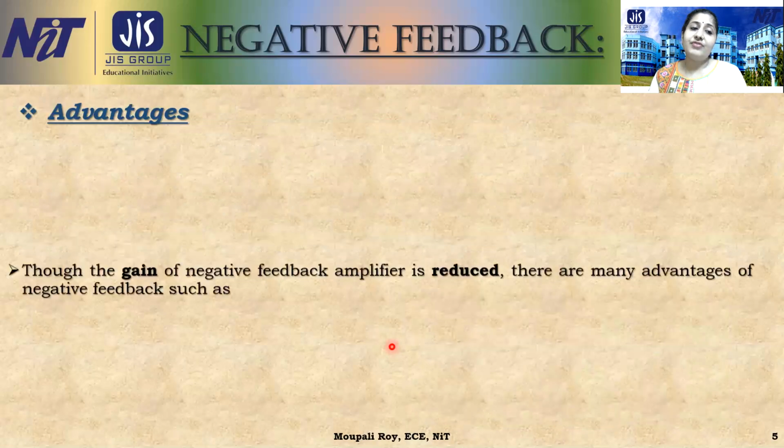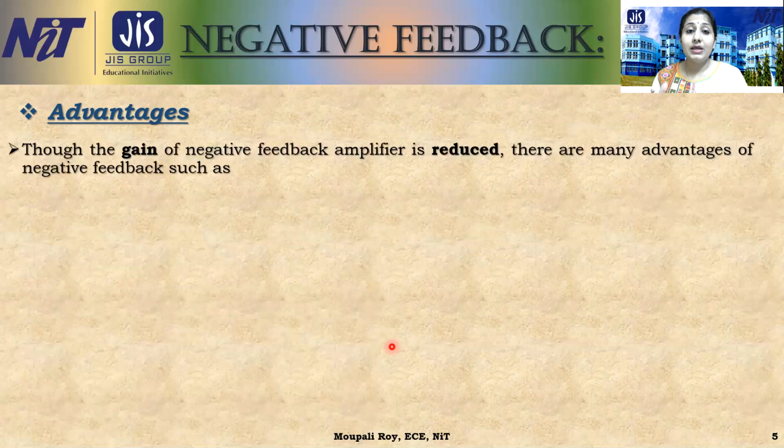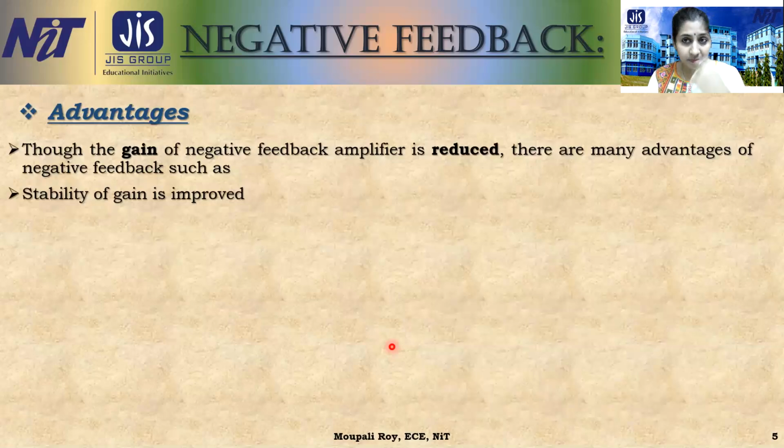Now, the advantages of negative feedback. Why do we use negative feedback? Though the gain of a negative feedback amplifier is reduced, there are many advantages. First, the stability of gain is improved, because as we discussed in the previous slide, we always want the gain to be unity, that is, output by input equal to 1.